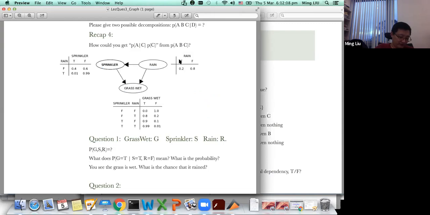That means the probability that it rains is 0.2, and the false case is it will not rain. It doesn't rain. That's 1 minus 0.2, which is 0.8.